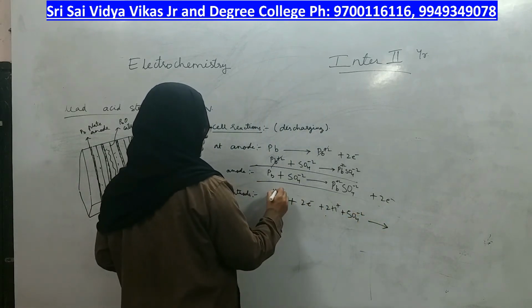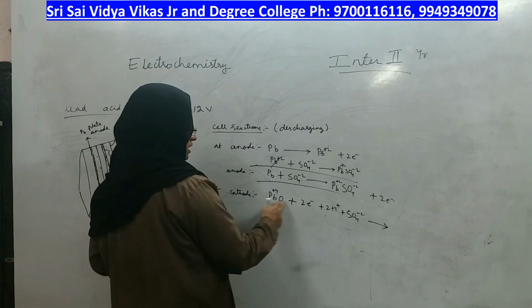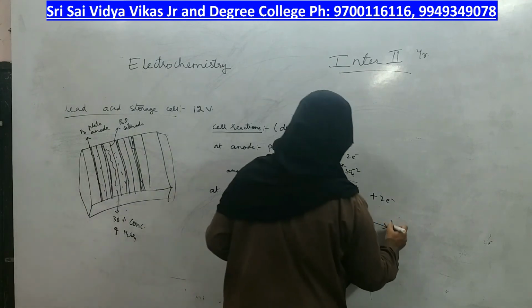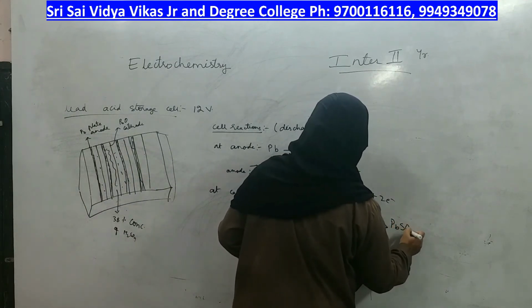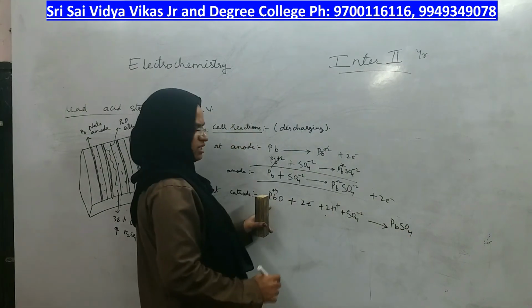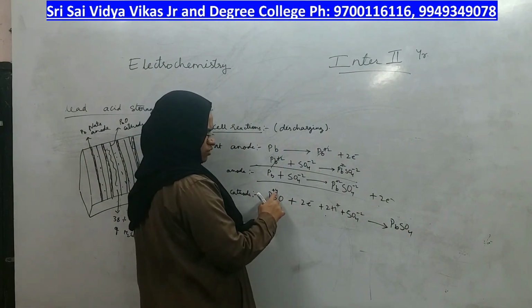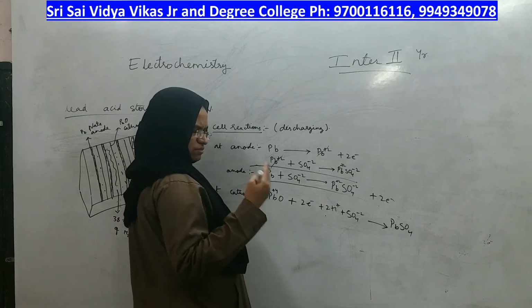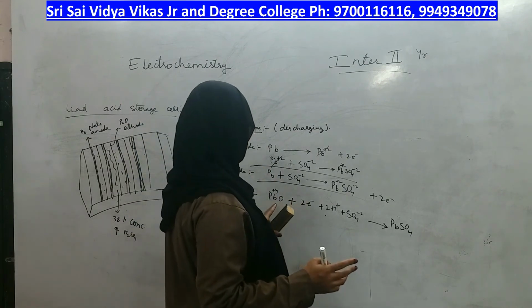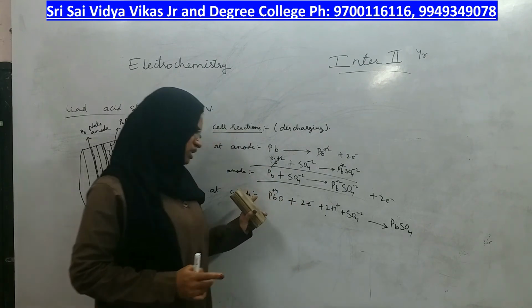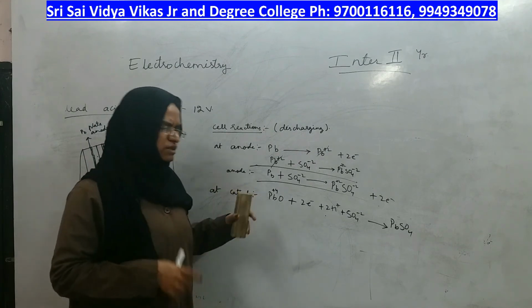Lead oxide has plus 4 oxidation state. By gaining 2 electrons, it becomes plus 2, and that also gets converted into lead sulfate. From plus 4, if it gains 2 electrons, it becomes plus 3 and plus 2. Therefore, from cathode side, plus 4 of lead is becoming plus 2.